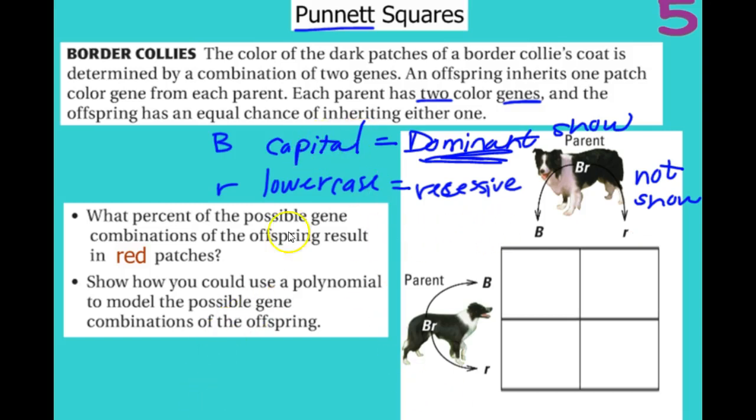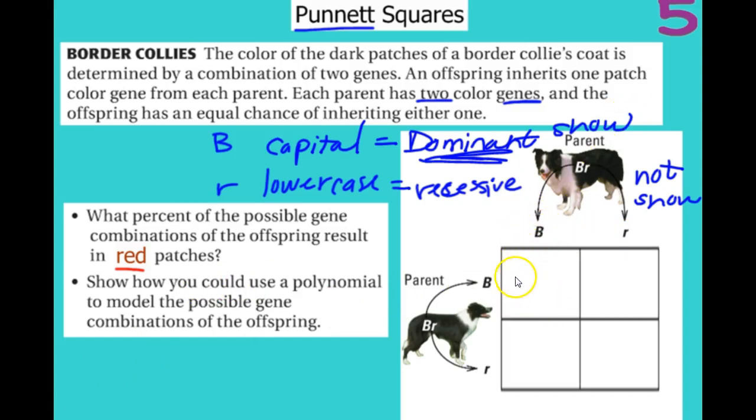So, what percent of the possible gene combinations of the offspring result in red patches? So, I can assume, based on these letters, it doesn't say here, that B represents brown and R represents red. Normally they'll tell you what each letter means. Okay?